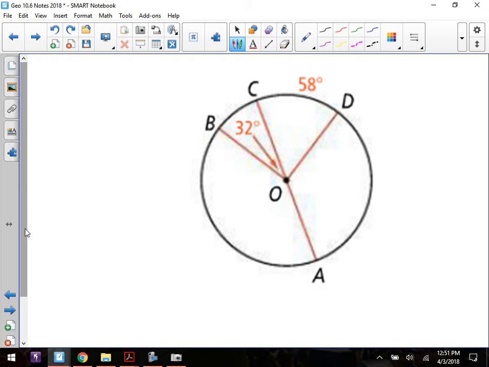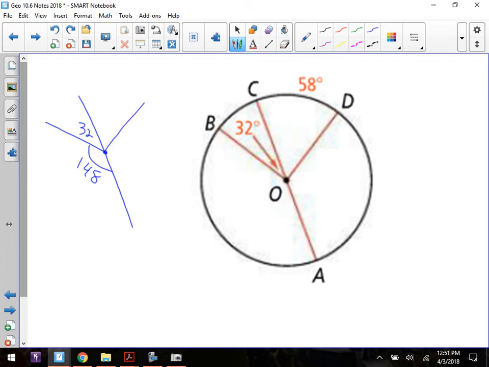Now remember, if you get rid of just the circle itself, if that's 32 degrees, what does this side have to be? 148, because it's got to add up to equal 180 degrees. Okay, same idea over here.